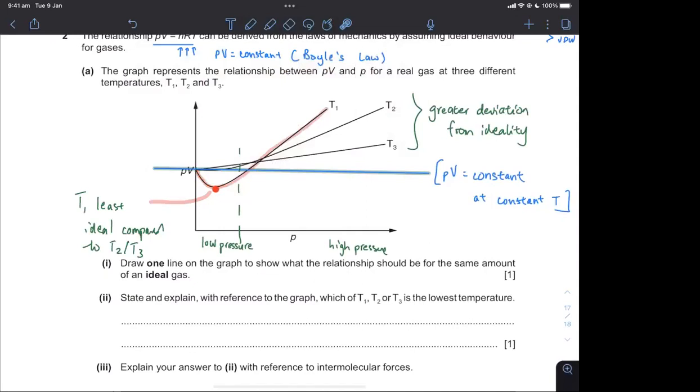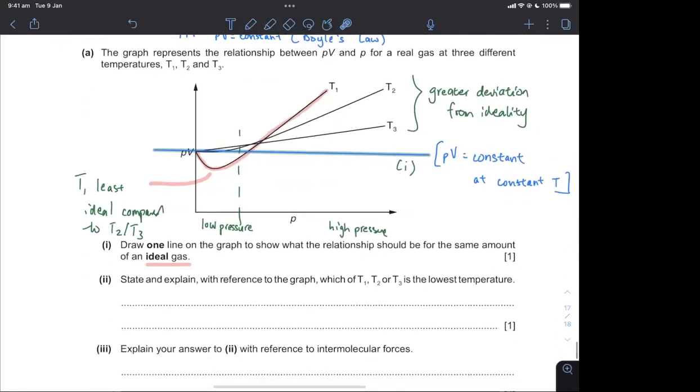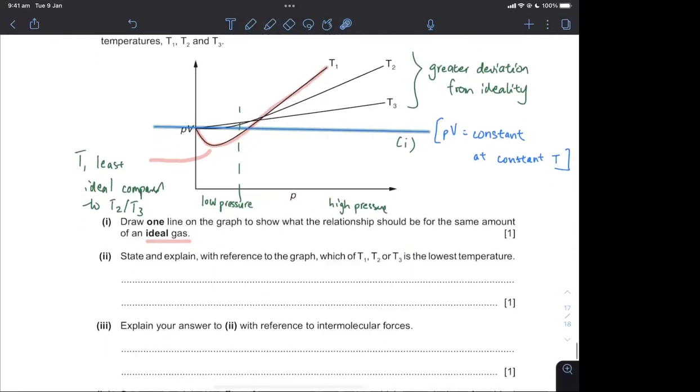So this is the least ideal, even at low pressure. Draw one line to show what the relationship should be for the same amount of an ideal gas. So PV equal to constant there, that is actually 1, because PV equals a constant for an ideal gas, therefore it should be a straight line. I don't know if my line is straight or not, but it should be perfectly horizontal. Okay, my line is probably not perfectly horizontal, but it should be a perfect horizontal line parallel to this, yeah? So just so you know.